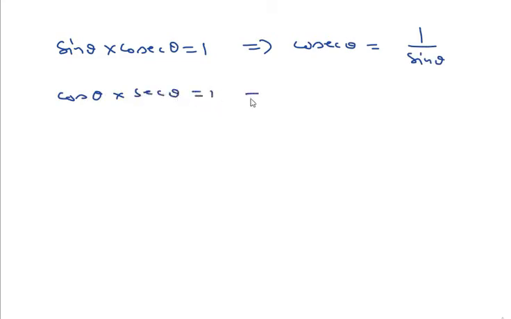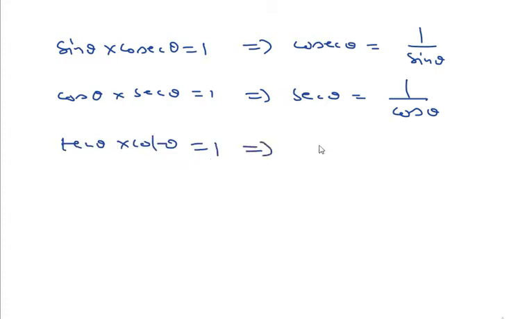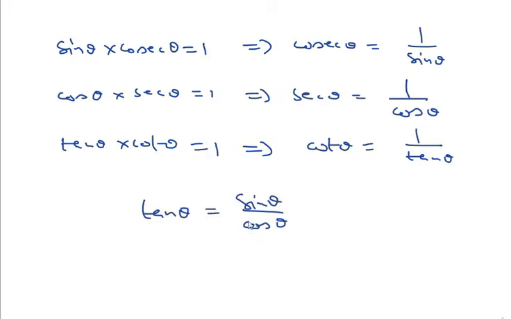That is, sin theta into cosec theta is equal to 1 will give cosec theta is equal to 1 upon sin theta, and cos theta into sec theta is equal to 1 will give sec theta is equal to 1 upon cos theta, and tan theta into cot theta is equal to 1 will give cot theta is equal to 1 upon tan theta, and tan theta is equal to sin theta upon cos theta, and cot theta is equal to cos theta upon sin theta.